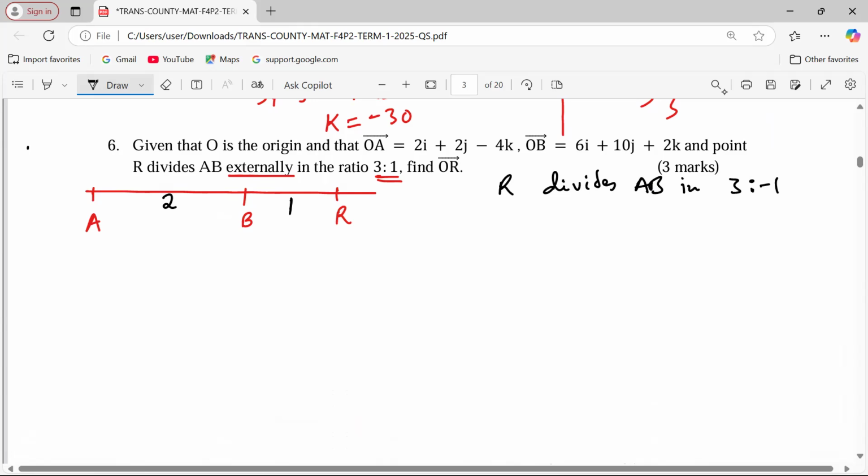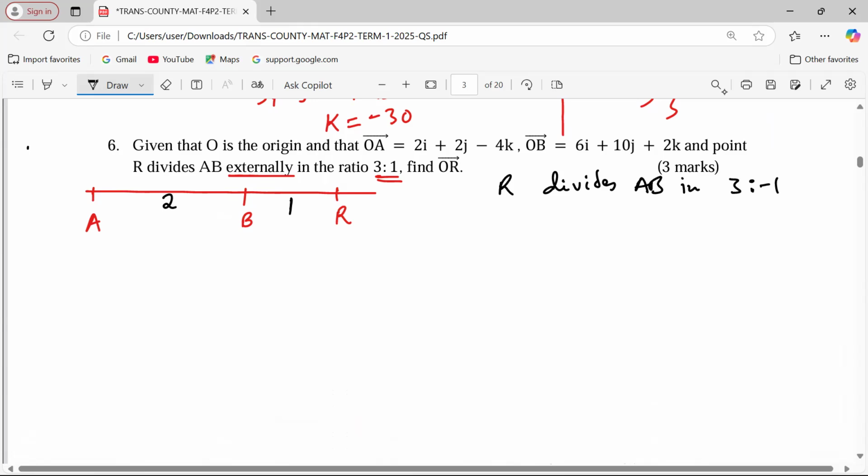You don't have to be told it is external. By the appearance of the negative, you should understand that we are dealing with an external division. So external division can either be mentioned as external, or the question can be without the word external, but we introduce a negative to mean external. So this is an external division.